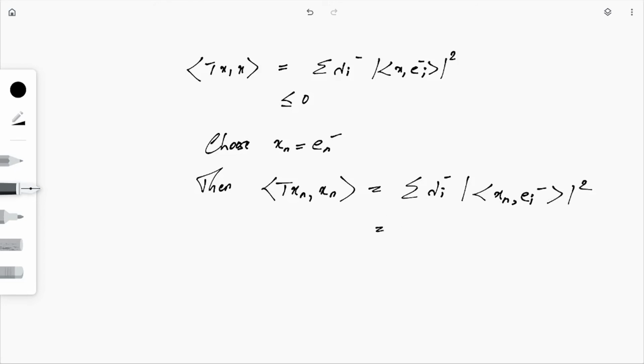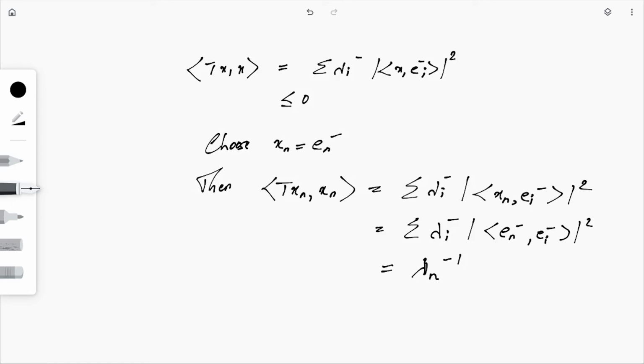And xn was nothing but en minus. Now we know ei forms an orthonormal basis, so this value will be equal to 1 when i is equal to n, and for all other values of i it will become 0. So this is nothing but lambda n minus into 1, that is lambda n minus.